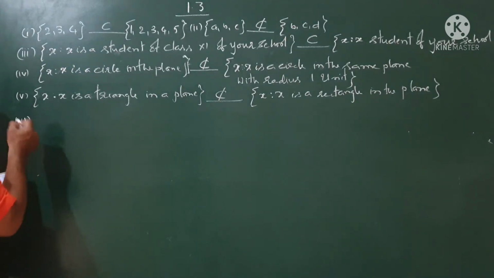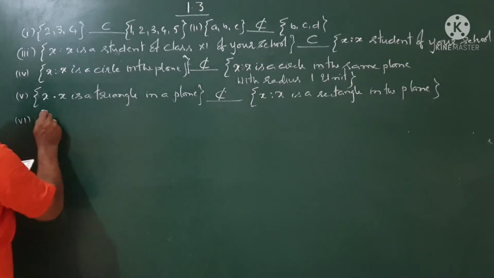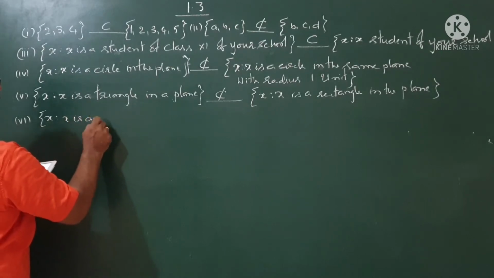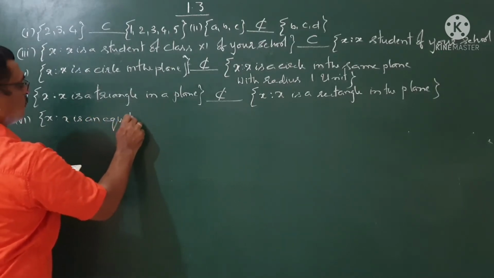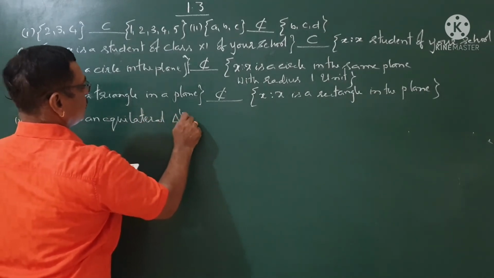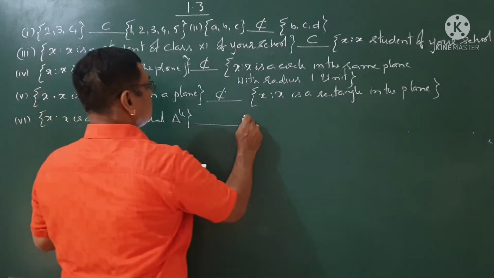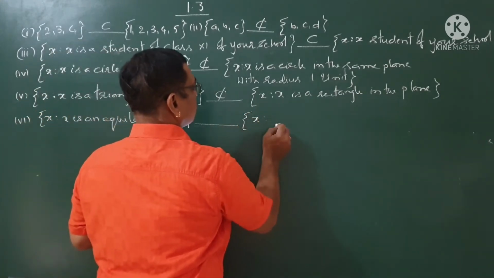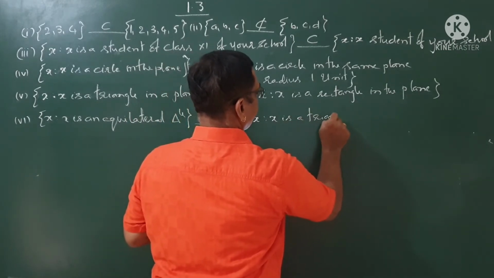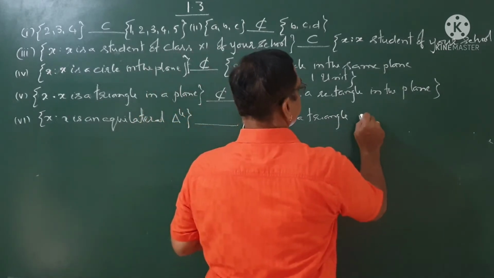Next, sixth one. {x : x is an equilateral triangle} dash {x : x is a triangle in the same plane}.